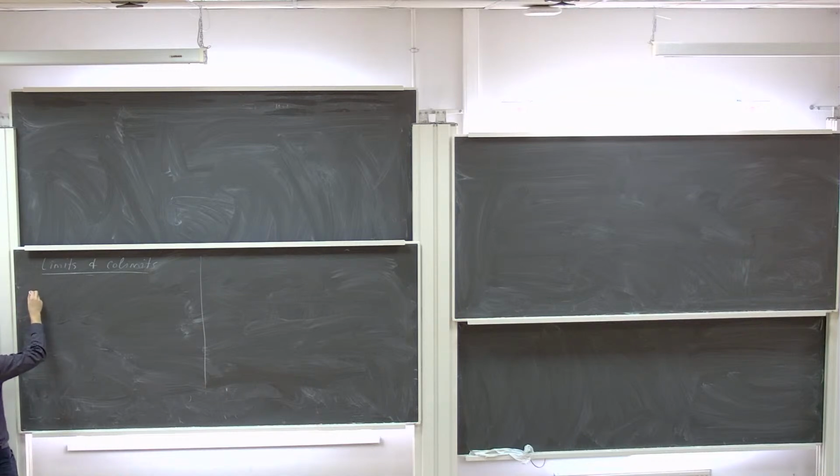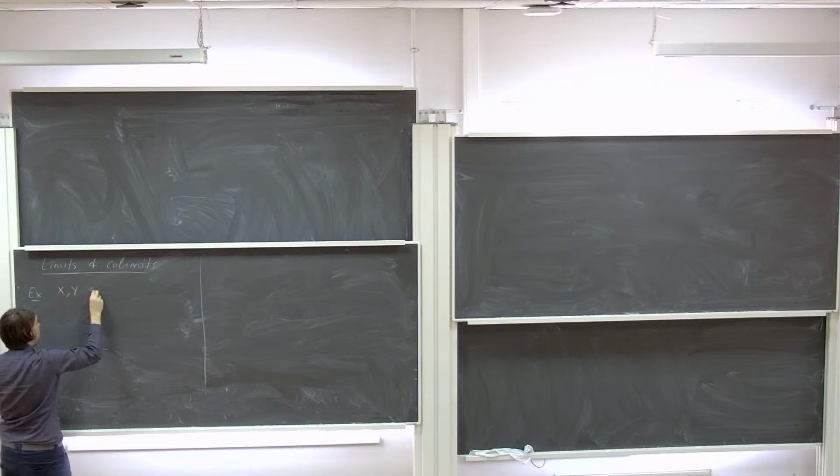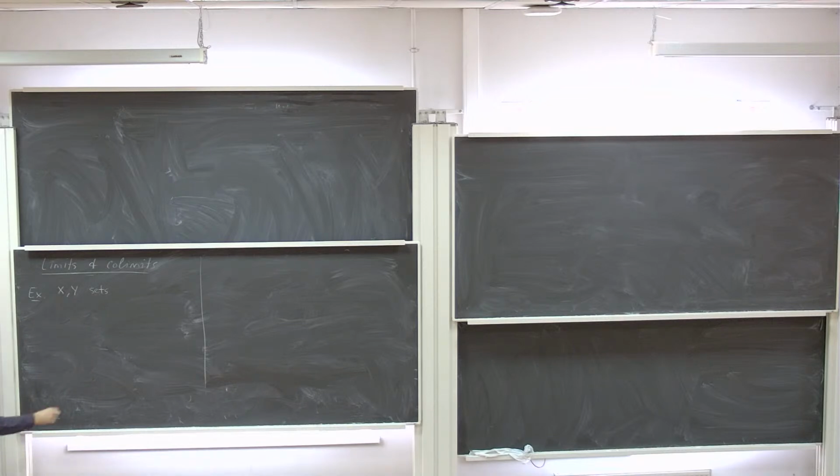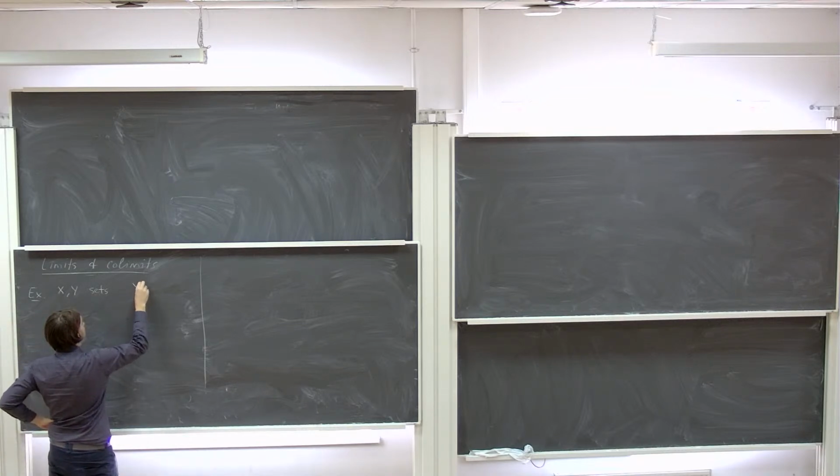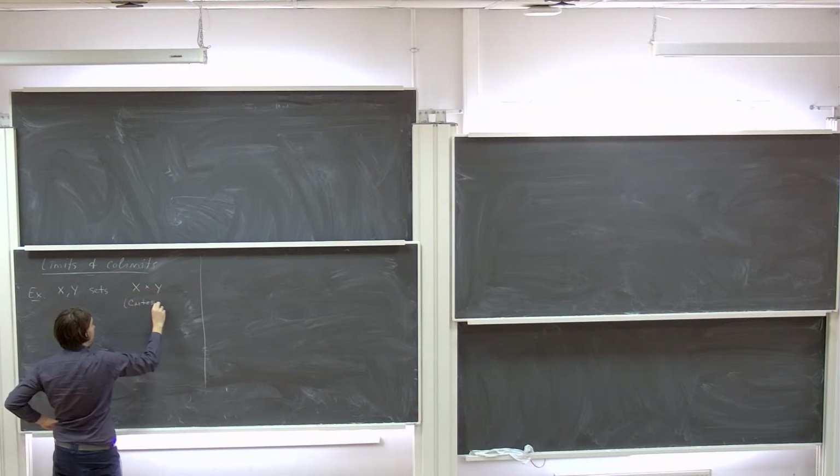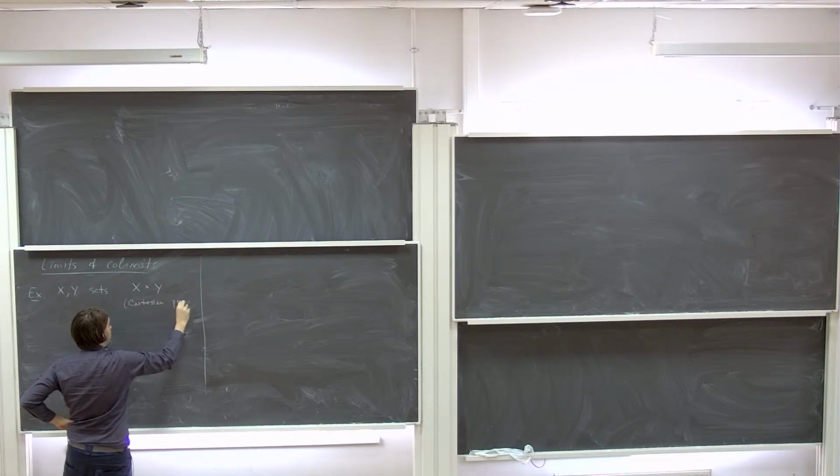So let me start with an example. If x and y are sets, then you know what their product or Cartesian product is as a set. It is the set of pairs, one from x and one from y.